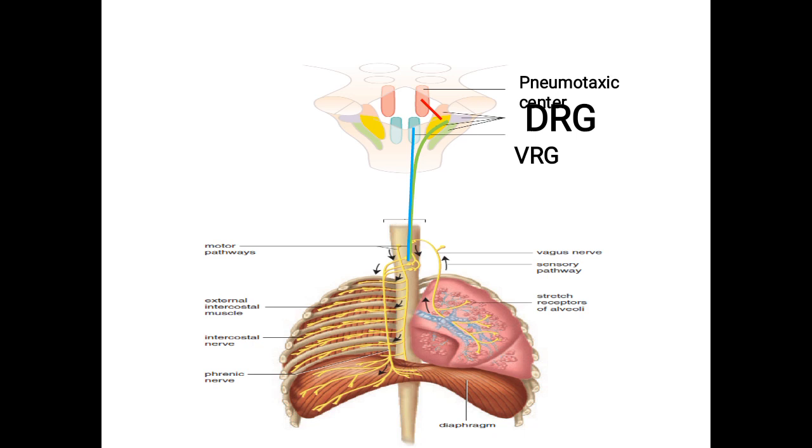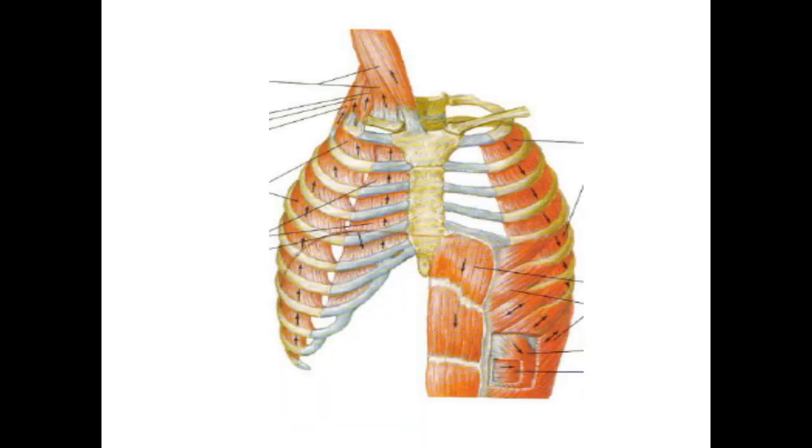From DRG, the impulse travels down and supplies the muscles of respiration. The pneumotactic center acts as a brake only when there is inflation beyond a certain limit. We will learn their function during mechanical control of respiration.